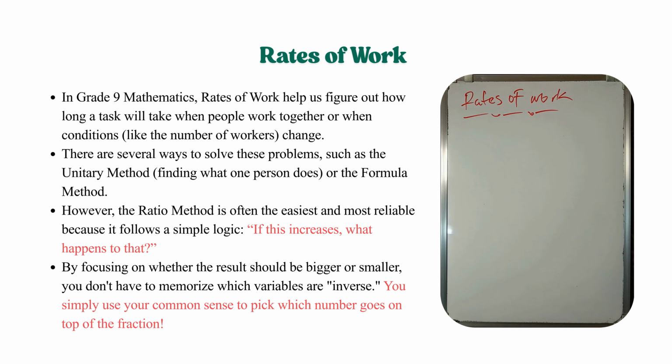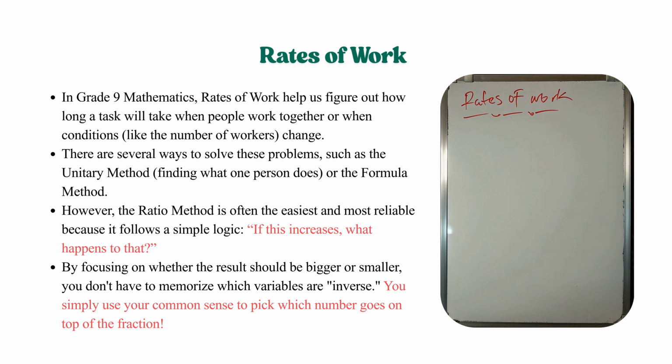Now, rate of work is not that new. We handled it in grade 8. But for grade 9, we are focusing on compound proportions, so we are comparing more than two ratios or more than two events.